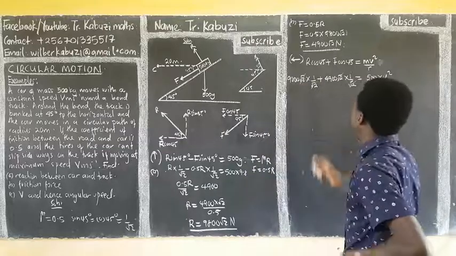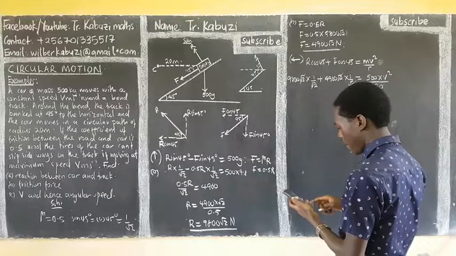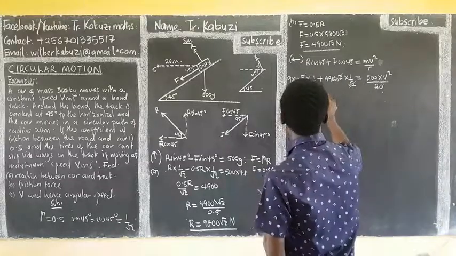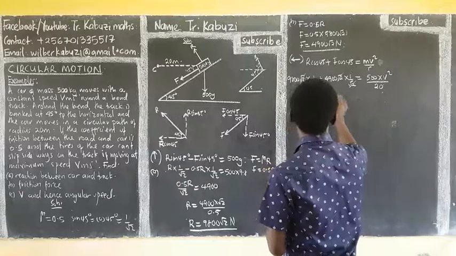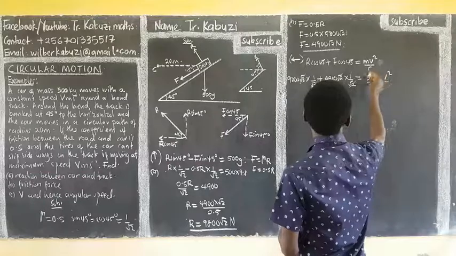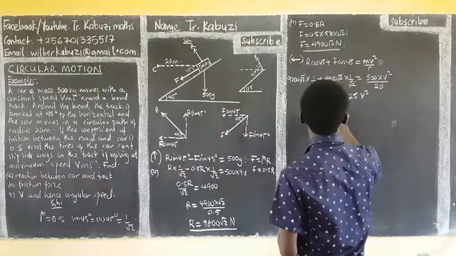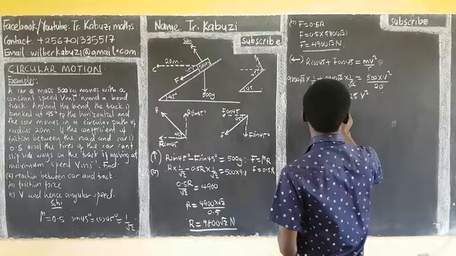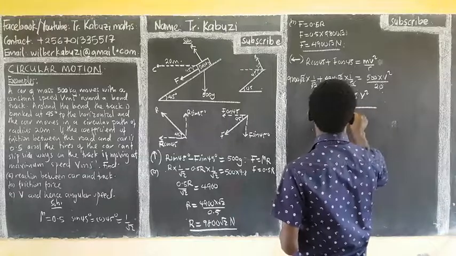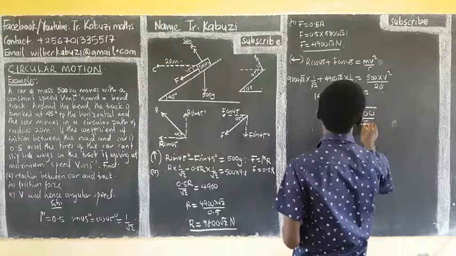So this 9800 root 2 is also going to cancel. When we add this to this, this is going to give us 14700 equaling 25 V squared. And so our V is going to be the square root of 14700 divided by 25.